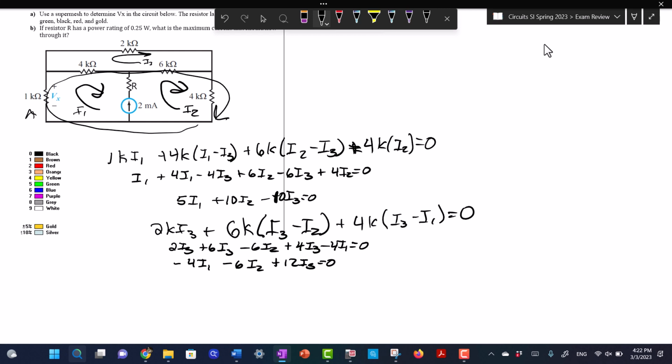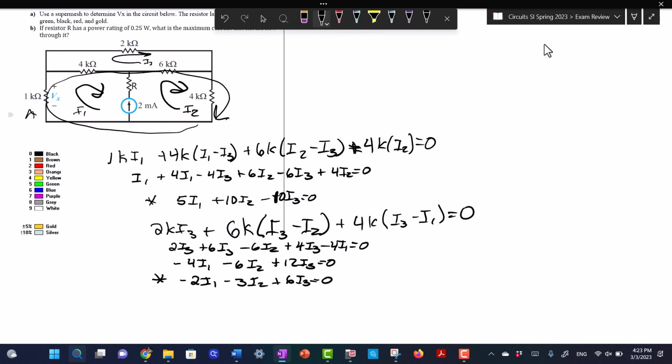And then, just like I said, I'm really bad at arithmetic, so the smaller the numbers are, the better chance I have of getting it right. So if I divide everything by 2, minus 2I1 minus 3I2 plus 6I3 equals 0. So I have this equation and I have this equation.